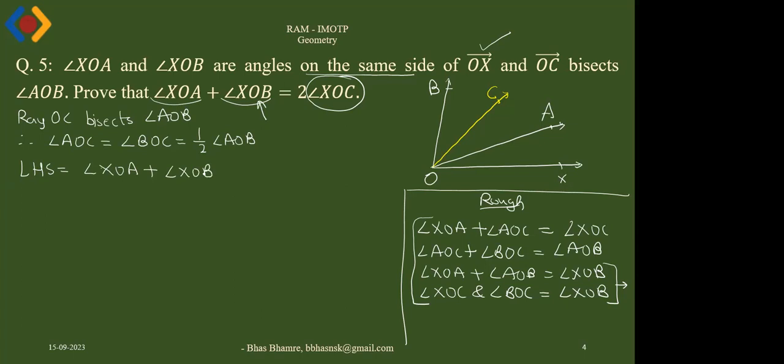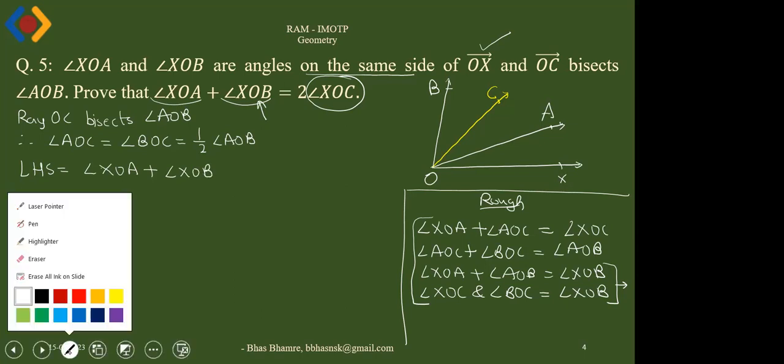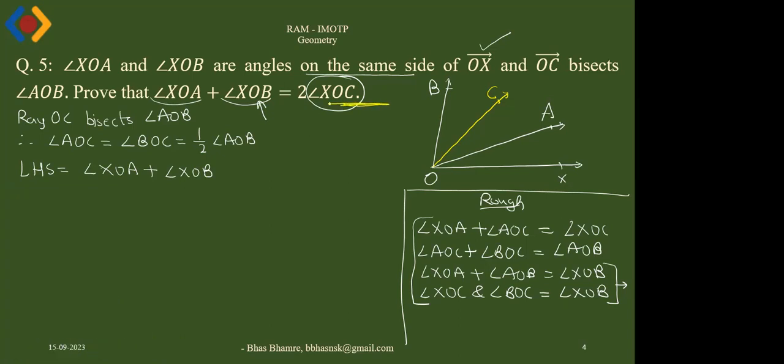I want to reach angle XOC, which is included here, where I need XOA and AOC. Here XOA is already there, so I am not going to change angle XOA. I need to change angle XOB.